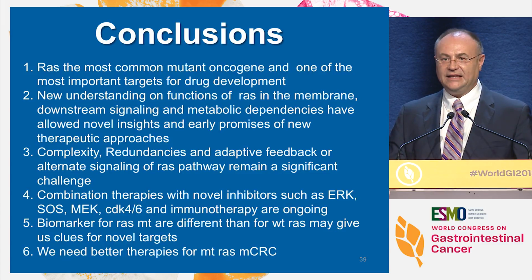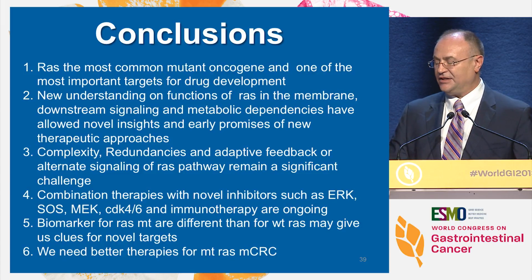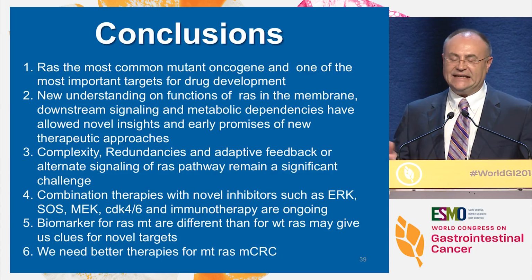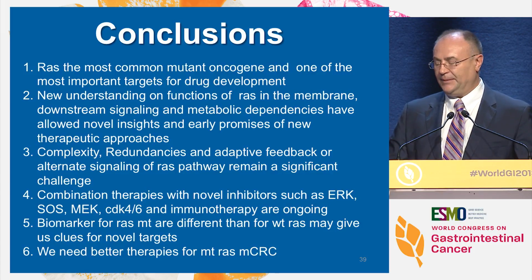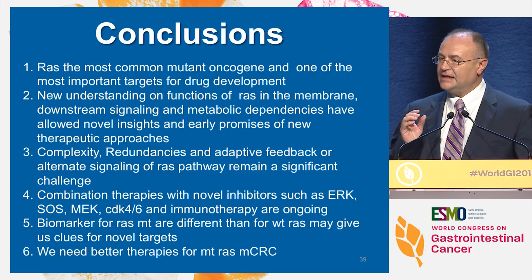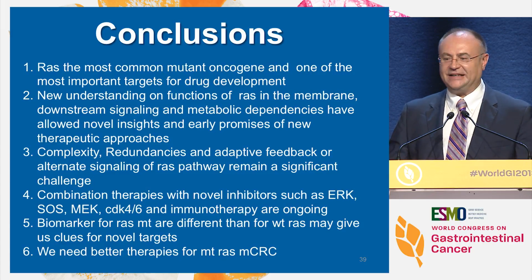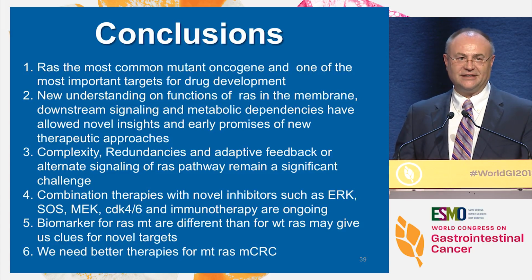However, the complexity, the redundancy, and the adaptive feedback in this complex pathway remain a significant challenge. Only combinations with novel inhibitors, which we discussed, will hopefully be successful. We need to understand biomarkers for mutants are different, and they may give us some clues for novel targets, and we just need better treatments for mutant colorectal cancer.